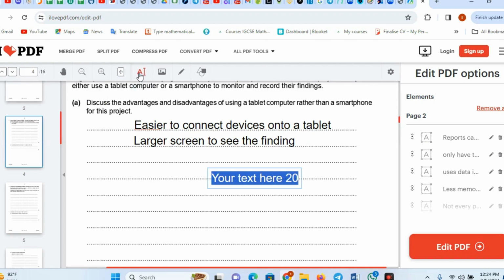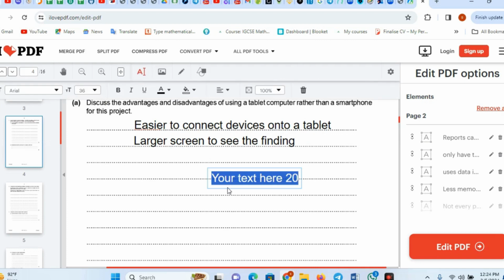So three, the third advantage is that it has better software. Software suitable to the task.